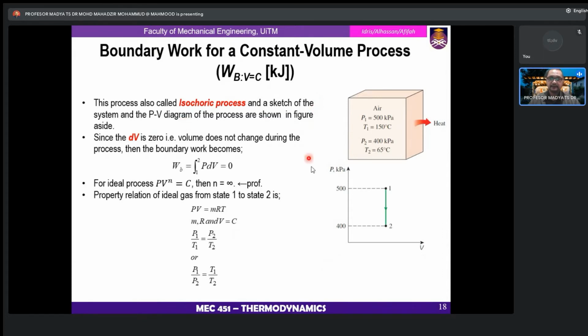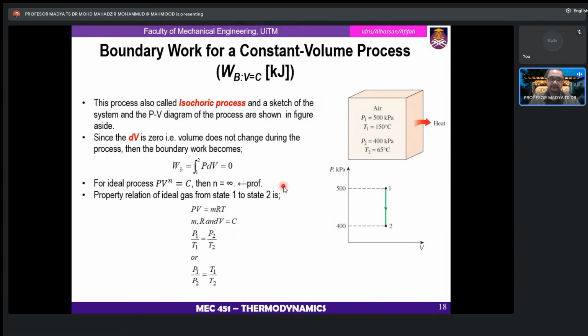When you look at the PV diagram, when the volume is constant, what happens? The graph will be a vertical line. Since dV, the change in volume, is zero and the volume does not change during the process, the boundary work we can express mathematically as the integral of P dV equals zero. So for this process, PV^n equals constant gives n equal to infinity.